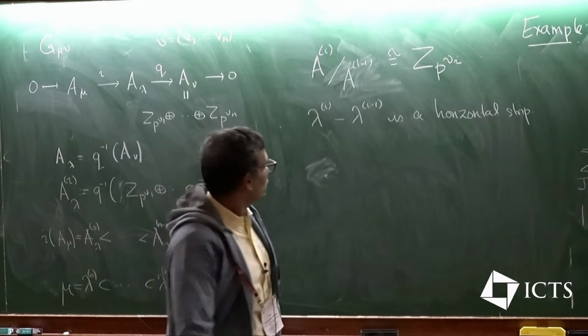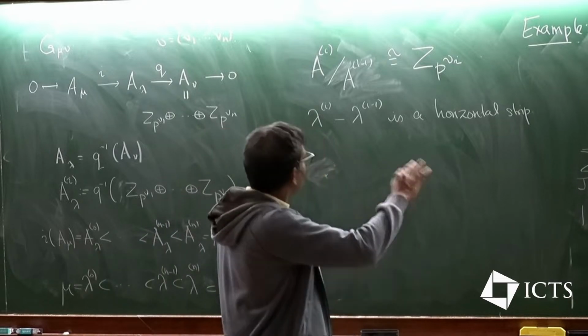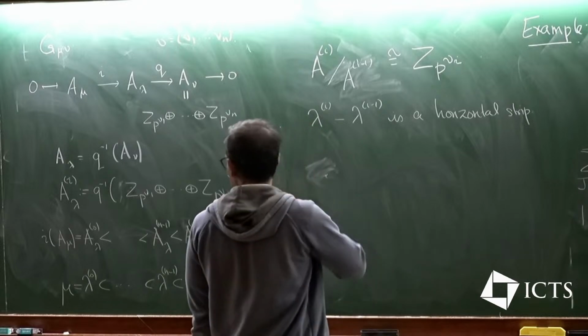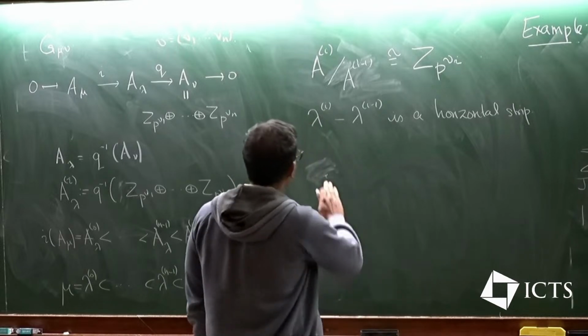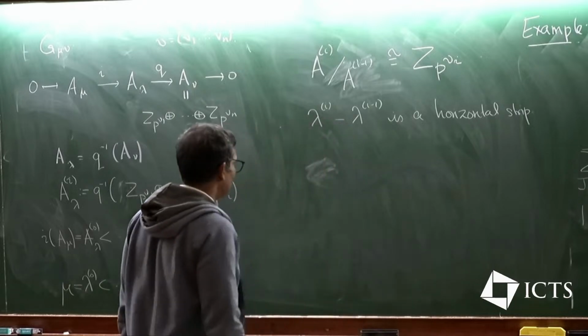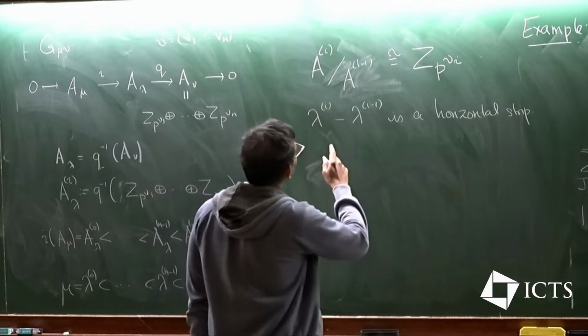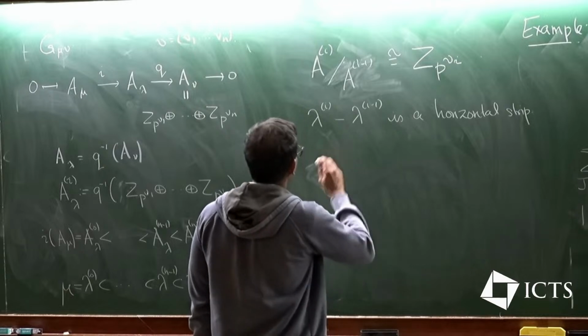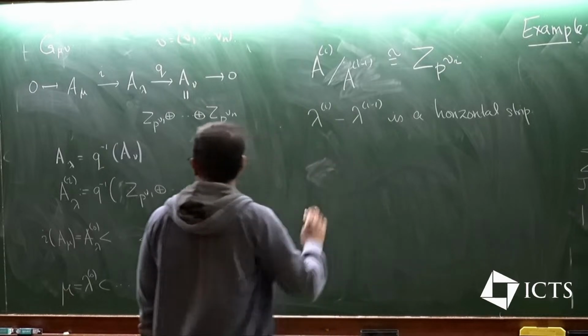I'll just finish the definition of semi-standard Young tableau here. So we can look at these shapes, and we can decide at which stage these boxes got into the partition.